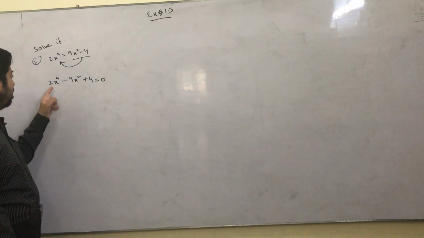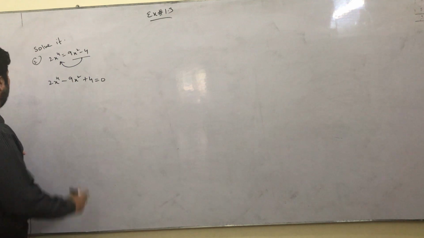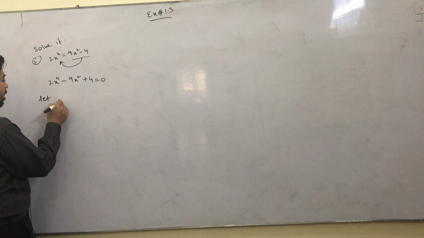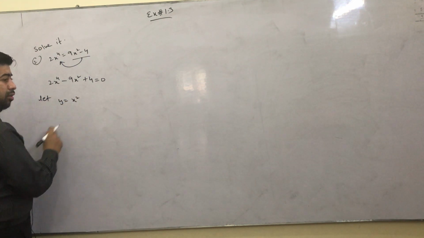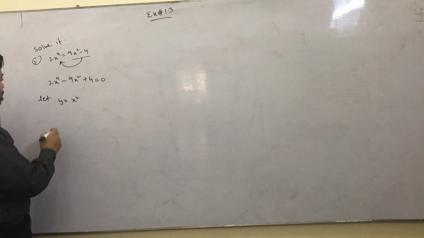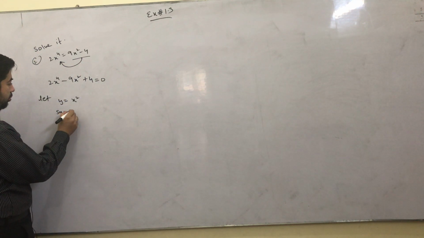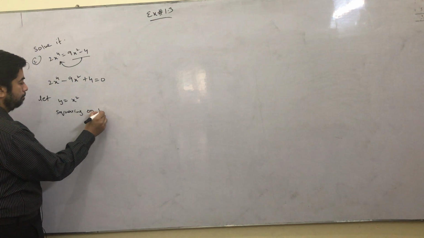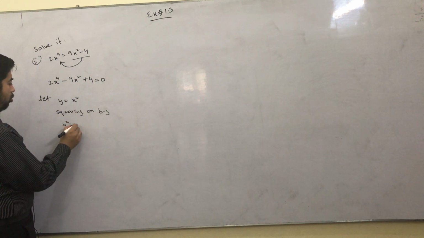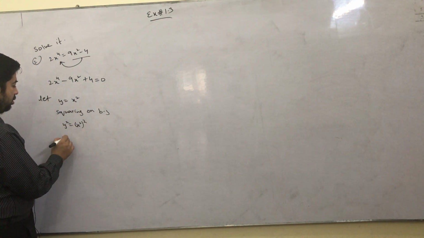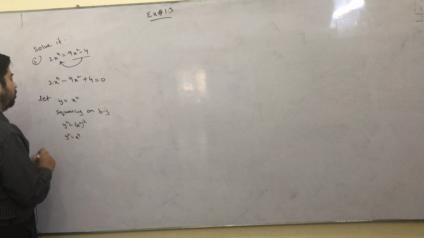For that purpose, the smaller power is going to be held by letting y be equal to x square. Now we just have to approach x raised to power 4. So squaring on both sides, y square is equal to x square squared, that is x raised to power 4.